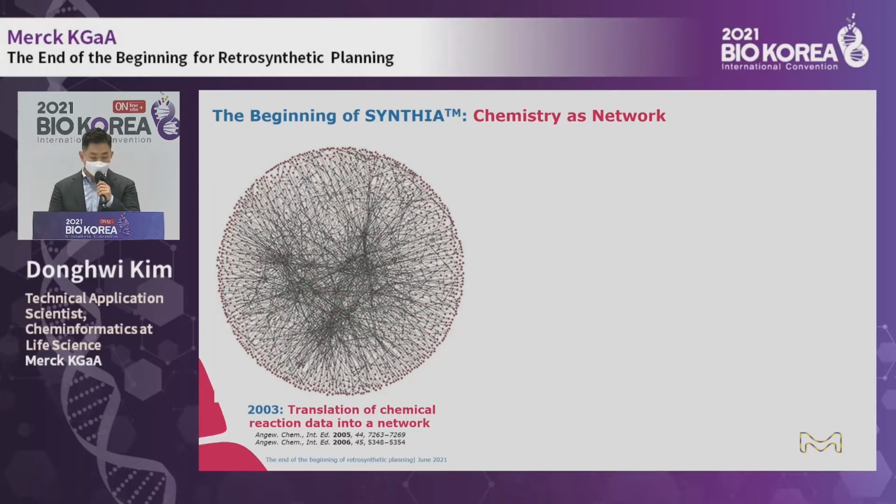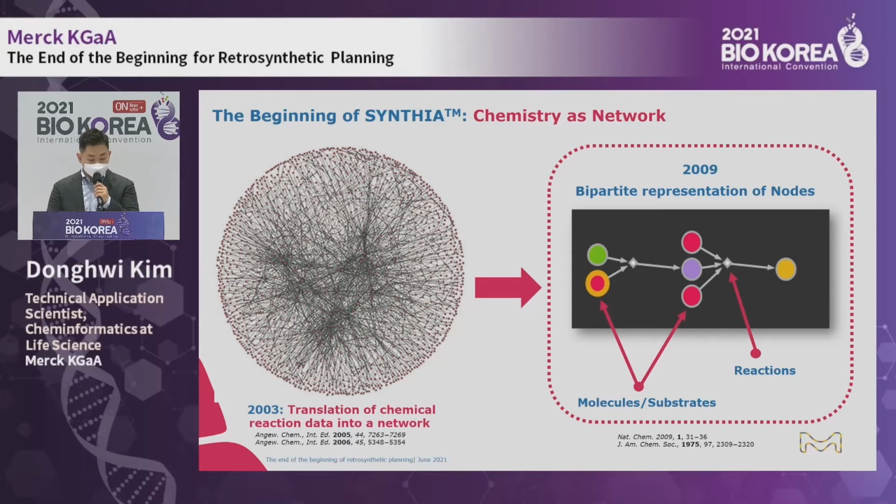Secondly, an even more important reason was that searching for connections over a network is computationally more efficient than searching over a list. The difference became even more significant with the increase in the size of the dataset in synthetic planning. We all know that there are very large datasets required for multi-step connections between the target and available substrates.